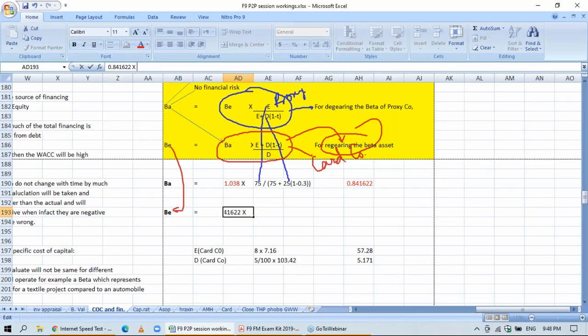So let me plug in these figures in the formula. So now the formula is E, which is 57.28, plus D, which is 5.171 multiplied by 1 minus tax rate.